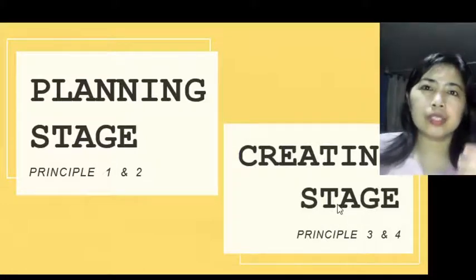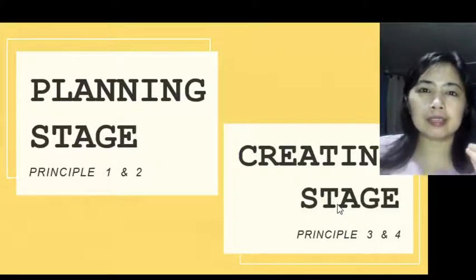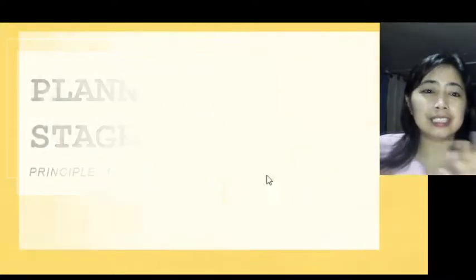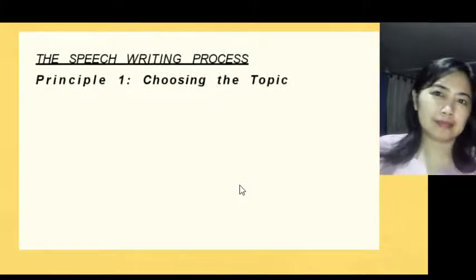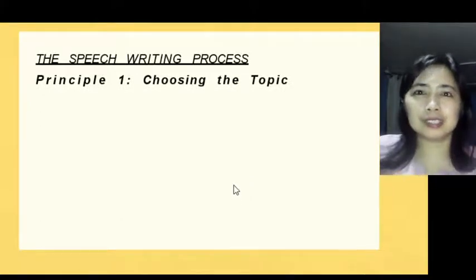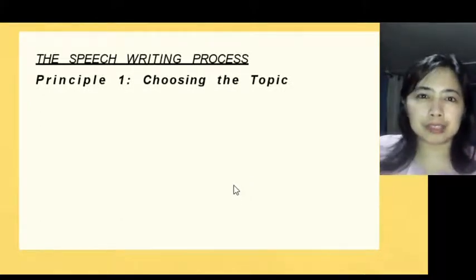After you have done your planning, you now have to create. So you already start writing. At least you know the process, but of course, anything goes as long as it's effective for you.